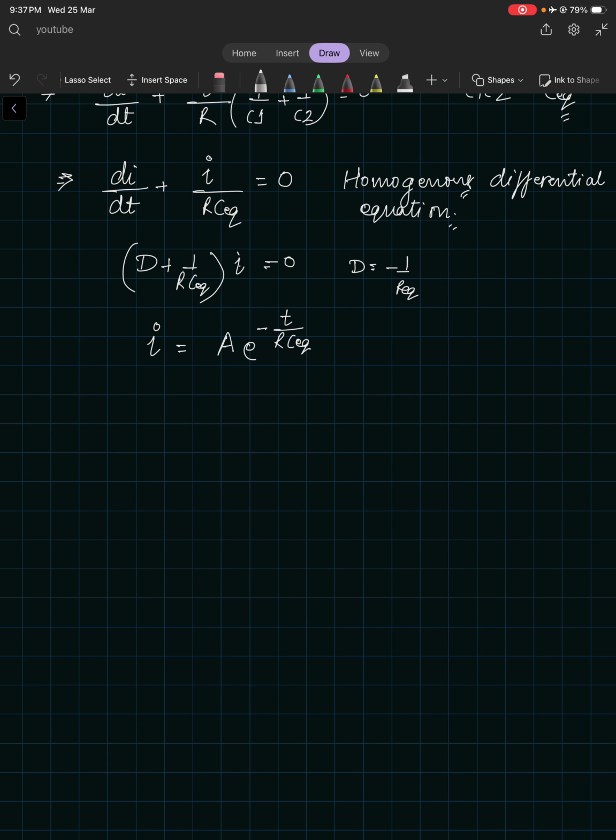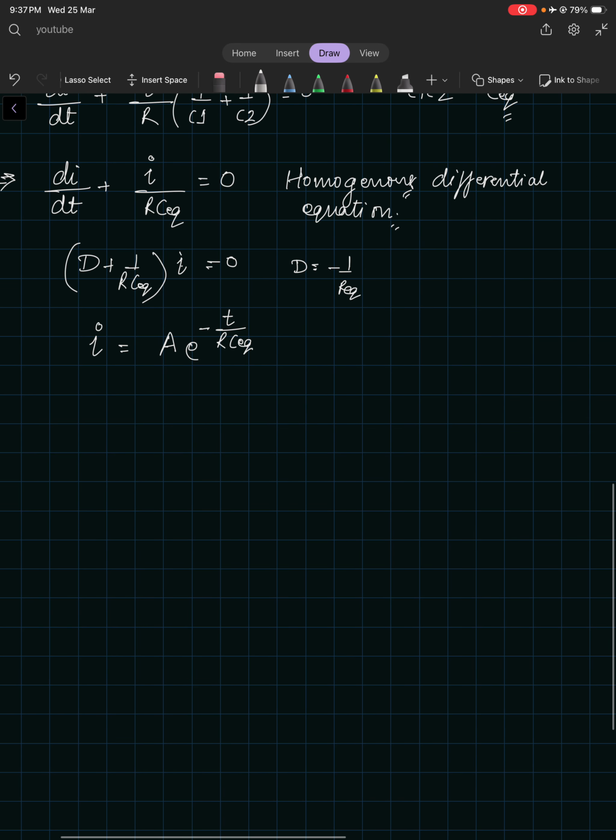So at the switching instant, let me draw with this blue color, at t equal to 0 plus. Again there is a resistor in this path, so the capacitor will not allow a sudden change of voltage, right?